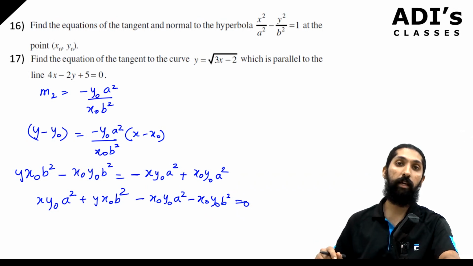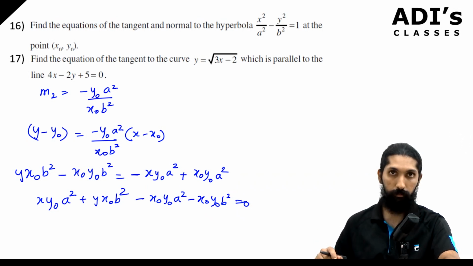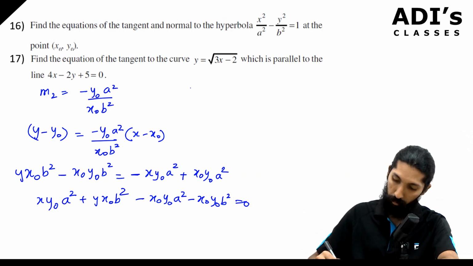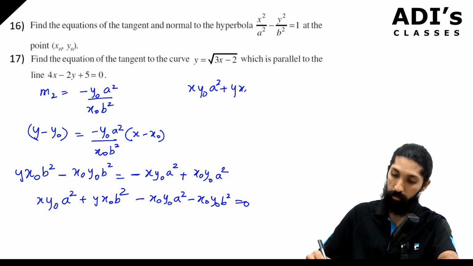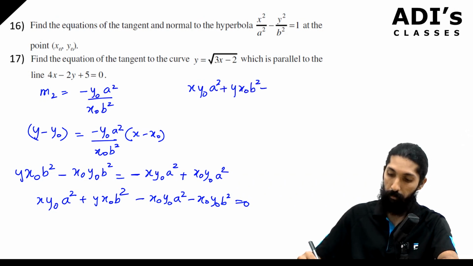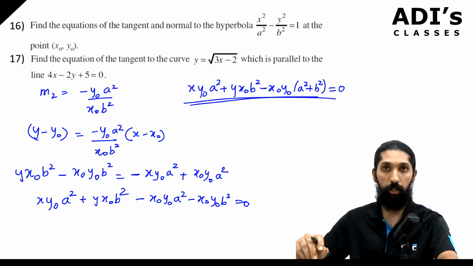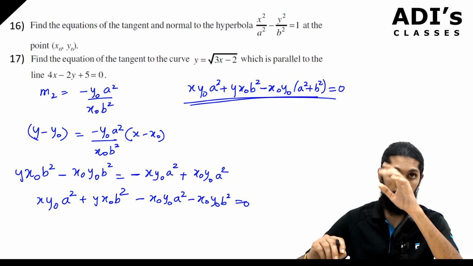Now we can take x naught y naught as common, right? So you'll get x into y naught a square plus y into x naught b square minus x naught y naught into a square plus b square is equal to 0. So this becomes the equation of the normal.